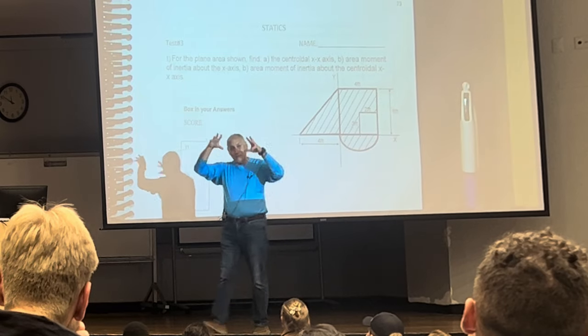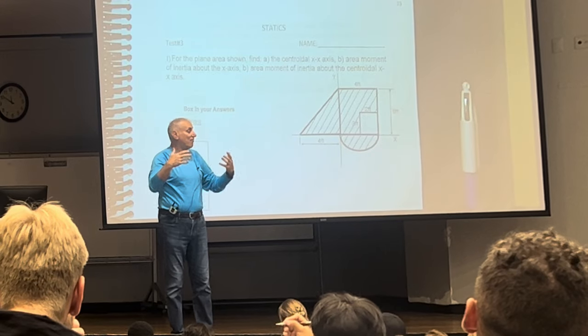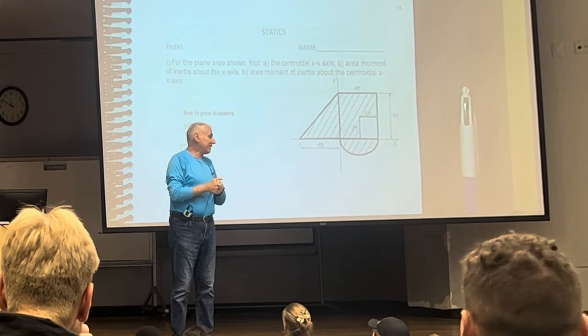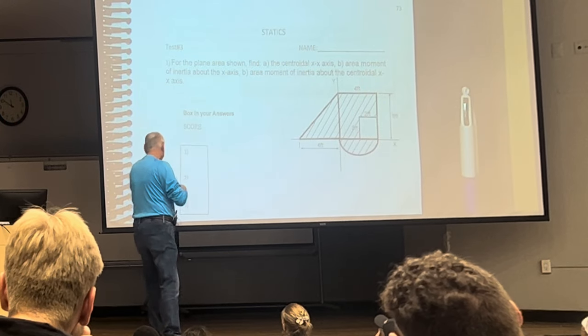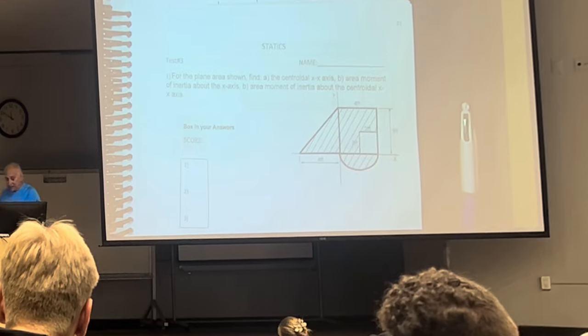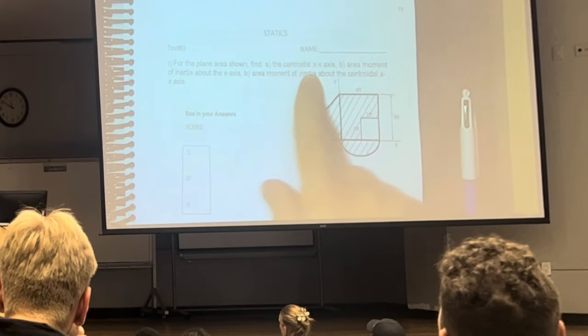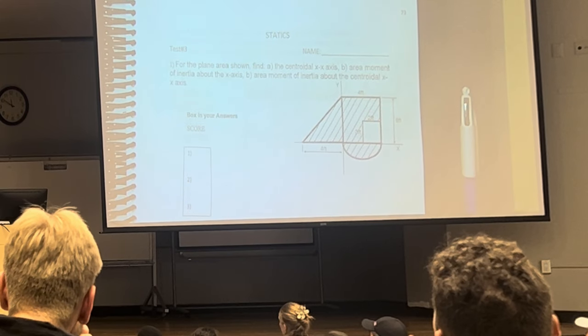It's an area scalar, and you will assign a positive or negative based on where it is relative to the xy coordinate system. It was in the notes. And then of course I ask you, find me the area moment, which we haven't done yet. That's the other half of your table.